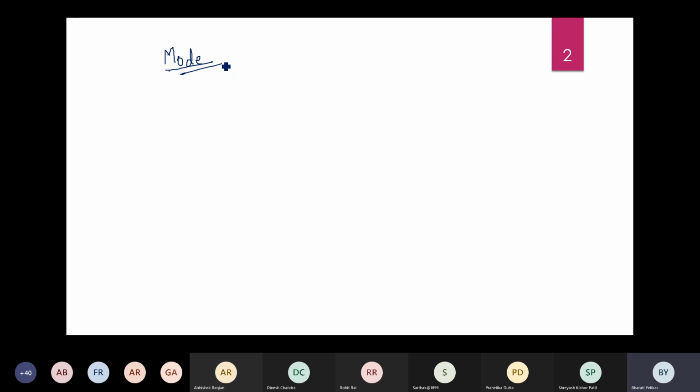Even though the above measures are the most commonly used to define central tendency. So what are they? We have seen mean, mode, and median. Mean is the average. Median is the middle value.